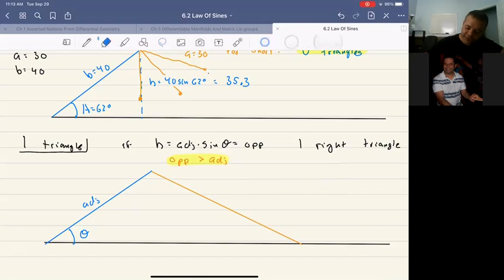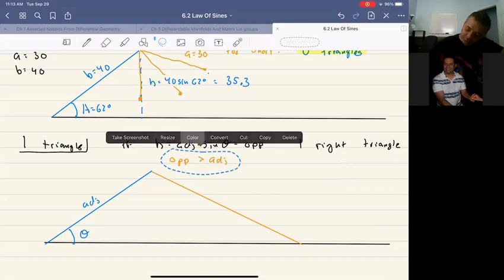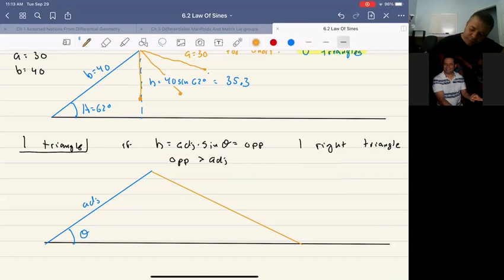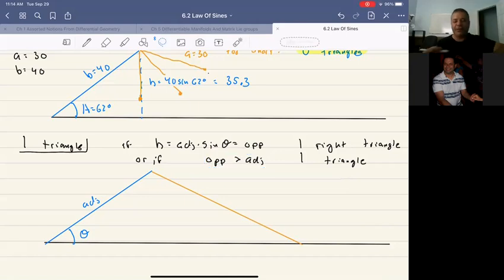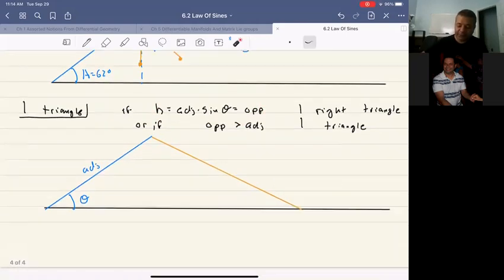It's not necessarily a right triangle. In fact, not right at all. It's only right if this is happening.